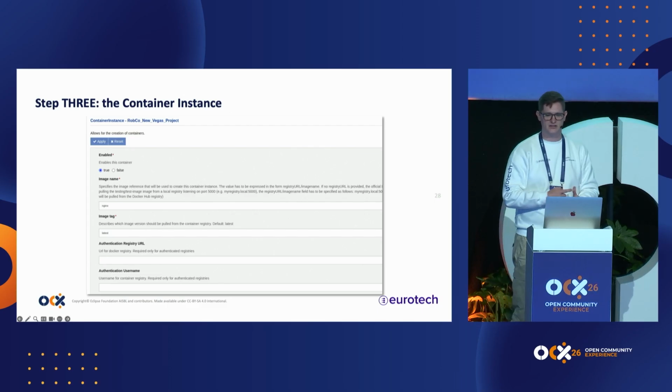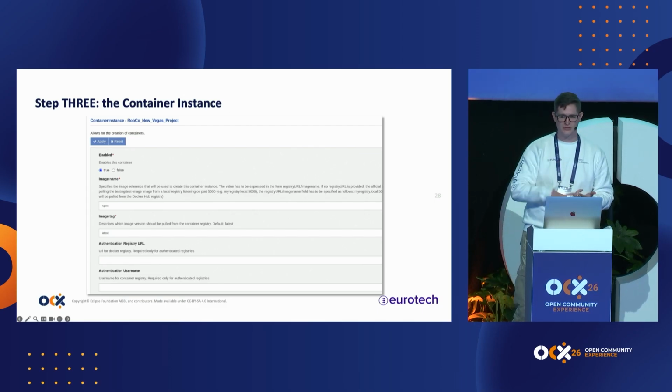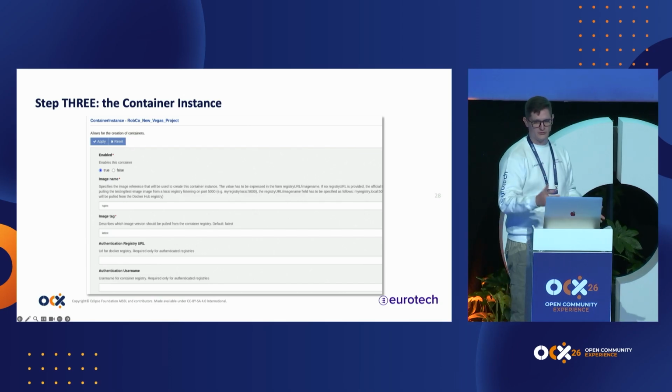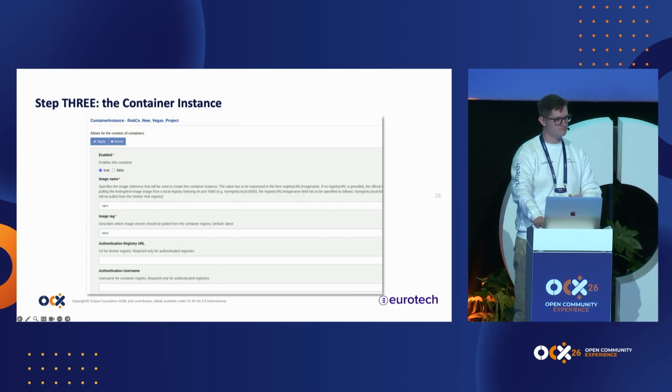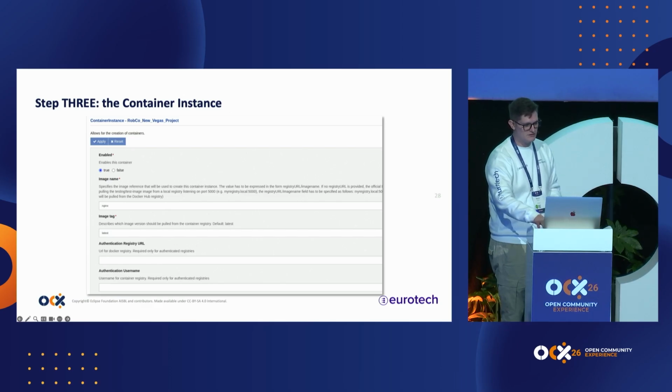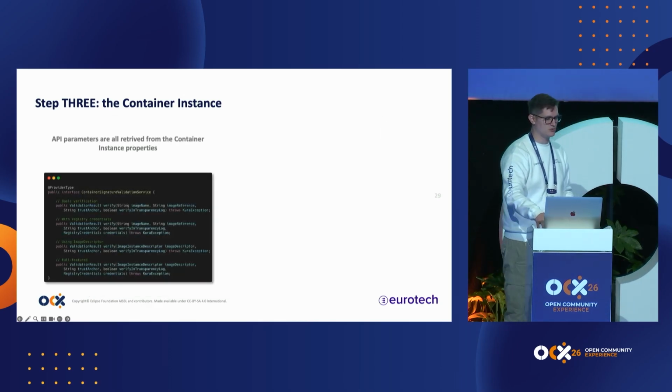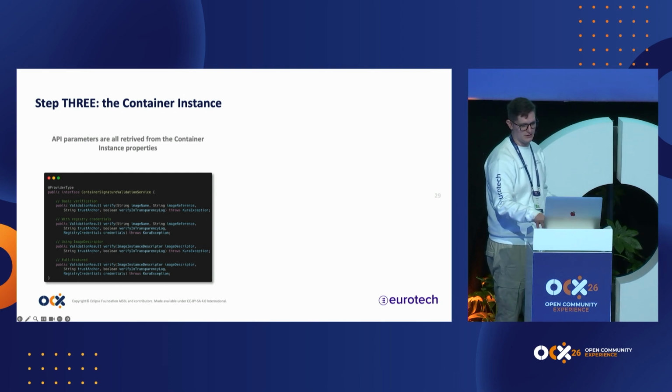So connectivity, GPU usage, memory usage, CPU usage, whatever you want. We're not here to present the container instance feature, but give it a check because it's a very strong and very powerful service.